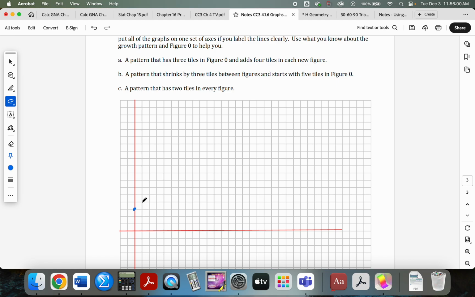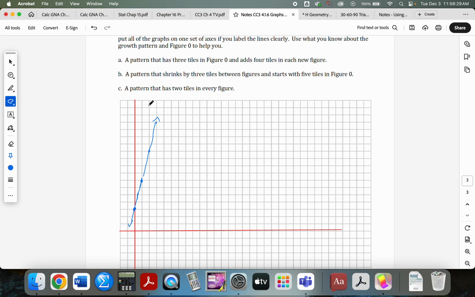So right one, up 4. So it's going to look something like that. Be sure you put arrows on the ends of your lines to show that those don't stop.